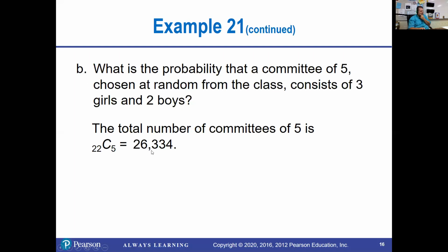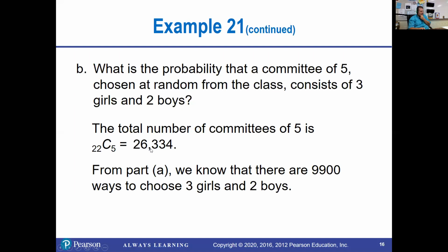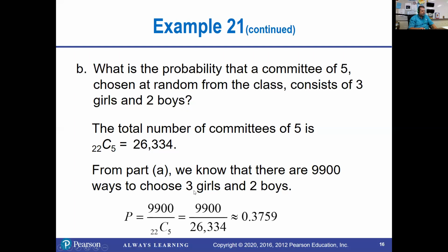To figure out the probability of those happening, way back in that, we know that there are 9,900 ways to choose 3 girls and 2 boys. Since you know there's 3 girls and 2 boys chance, you take the 9,900 and divide it by this combination, and you get your probability.